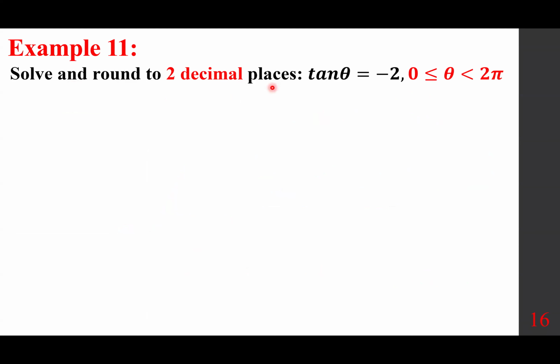So all round to 2 decimals. Tan theta is -2, and we want to go with the complete revolution simply from 0 to 2 pi and no more.